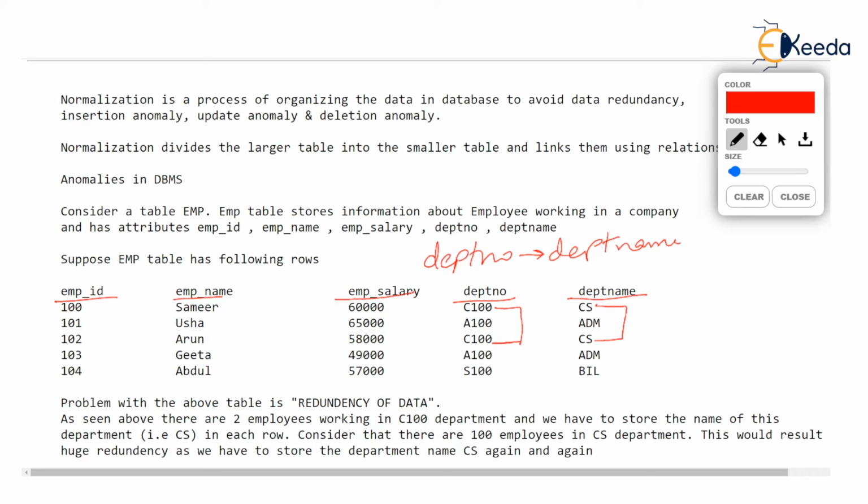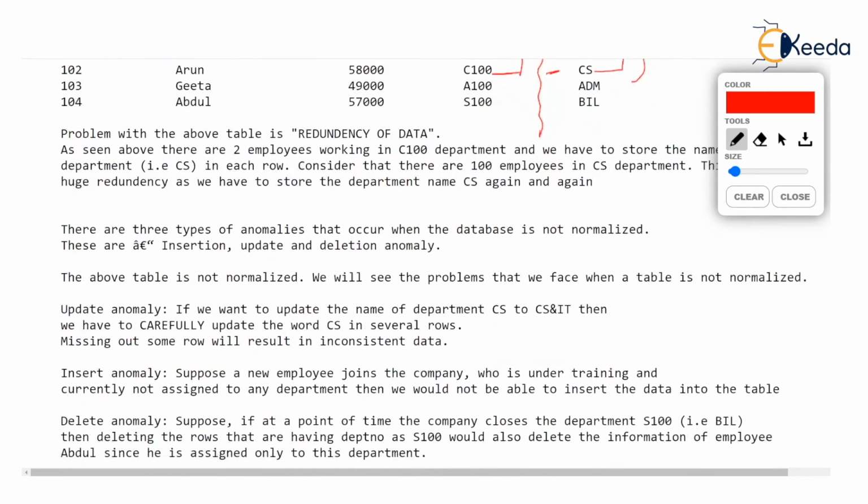So what we can do is put employee ID, employee name, employee salary, and department number in one table, and we can put department number and department name in another table. That's exactly what we did in the earlier video.